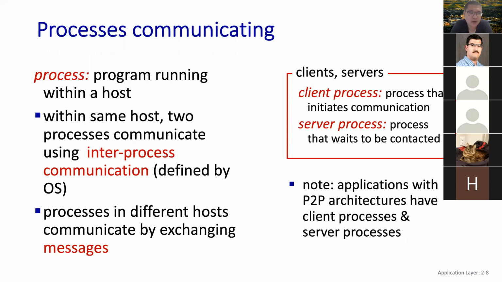So within the same host, two processes communicate with each other using inter-process communication defined by the operating system. If you have some basic concept of inter-process communication, you may understand this part. For example, if I launch two processes in the operating system, there is a scheme that allows the processes to communicate with each other and synchronize their status or their actions, right?